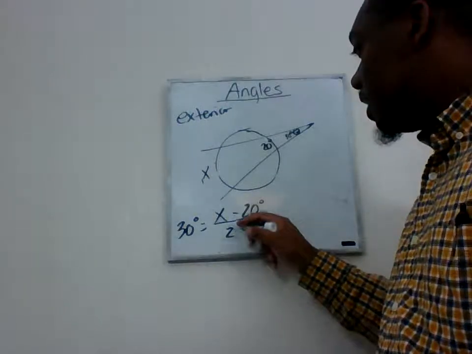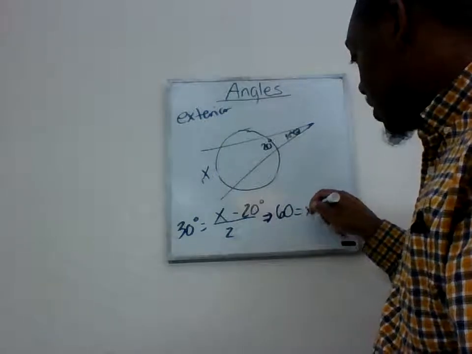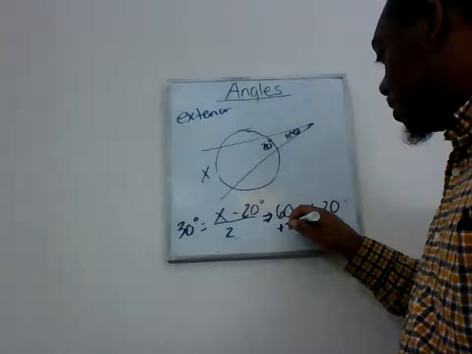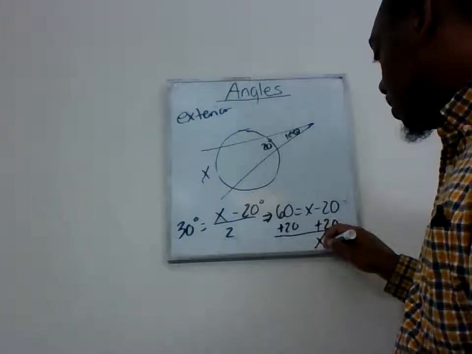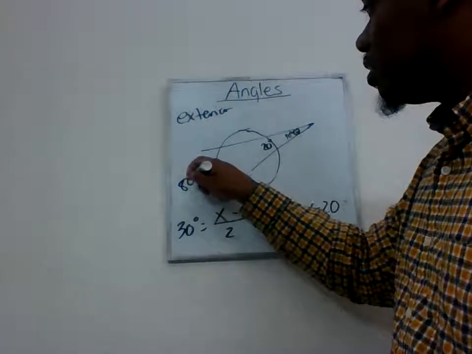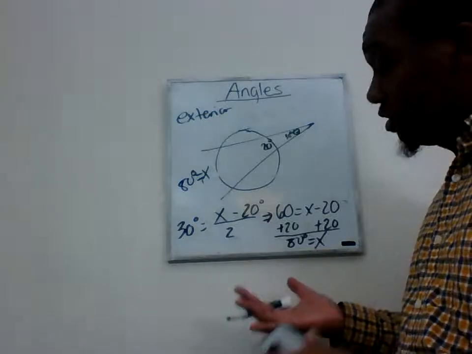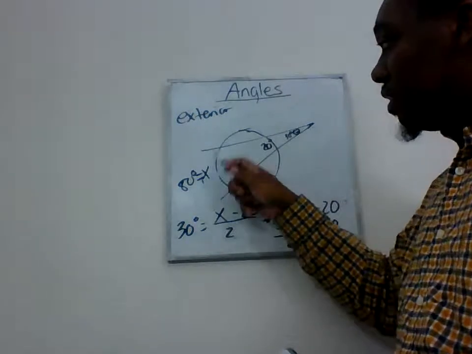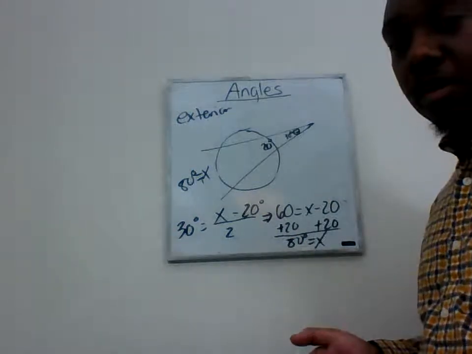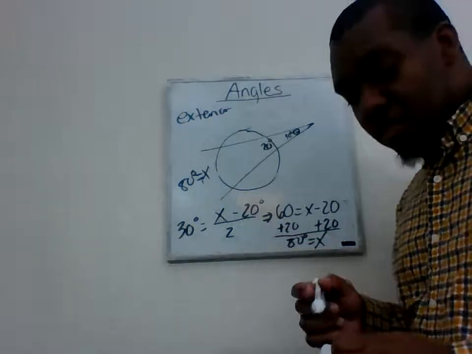That's right. We would take 2 times 30, and we would get 60 equals x minus 20. And then you would add 20 on both sides. And so the larger arc would be 80 degrees. Okay. You can do the same algebra manipulation if you were given the larger arc but not given the smaller arc, and you're given the angle. Right? And so that's how you find the measure of an angle outside of a circle.